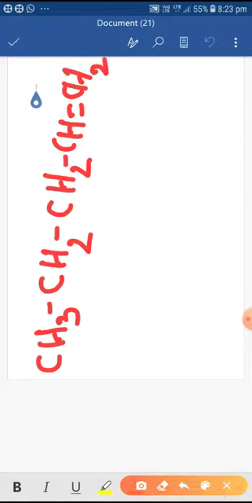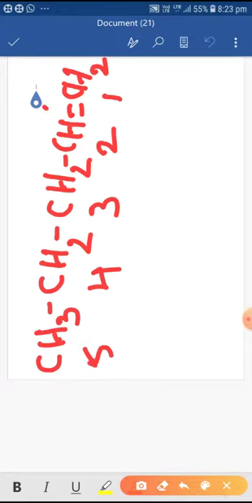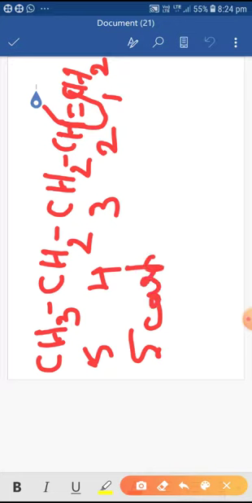First you should count the number of carbons. How many carbon atoms are there? 1 2 3 4 5. You start the numbering from the double bond; the double bond should get the least number. Totally 5 carbons, and 5 carbons means pent.